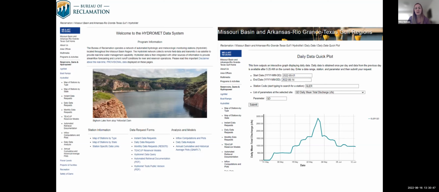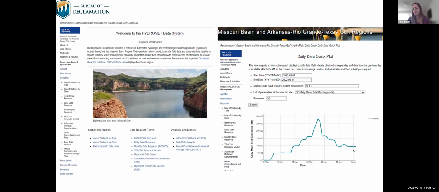You can also get historical information and print off charts showing information over months or even years. I just did a little example there on the right photo. It's a graph of the releases from Glendo between May and June, and you can see where the peaks are and where we are right now.